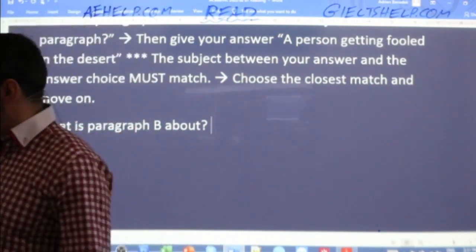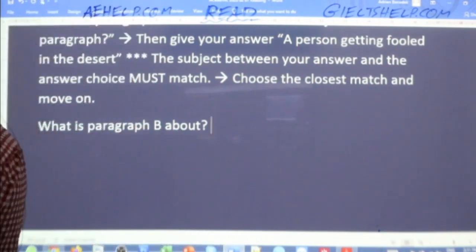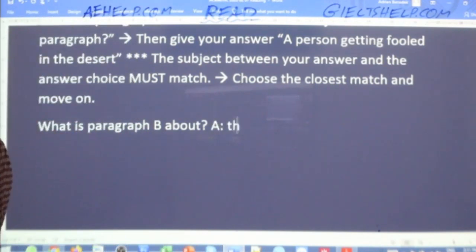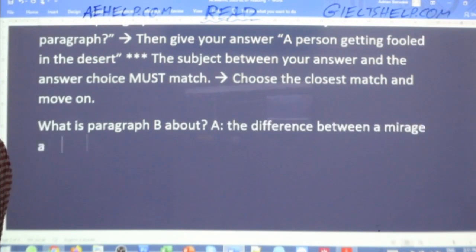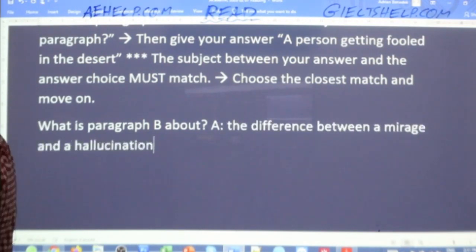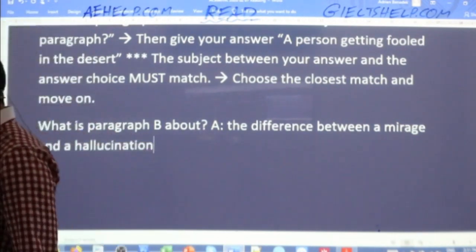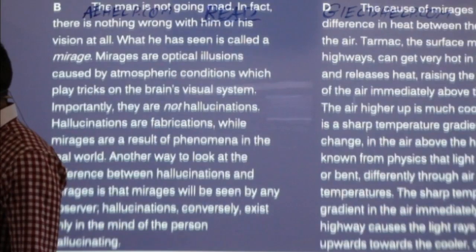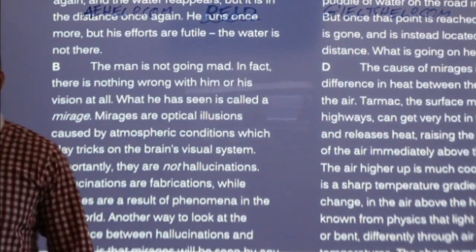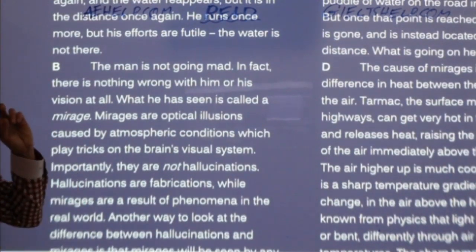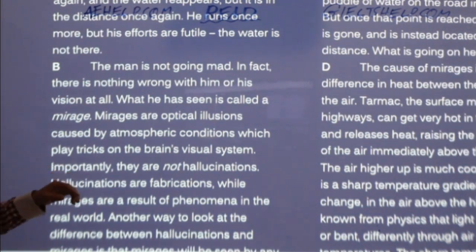So Mahesh says, well, the obvious answer here is the difference between a mirage and a hallucination, right? Okay, yeah, I agree. Seems right. One way that it becomes obvious is when you have this end and start, stop with the same word.